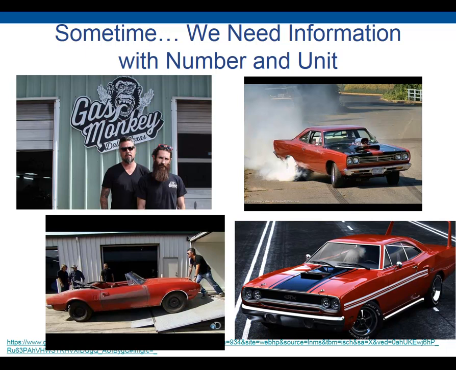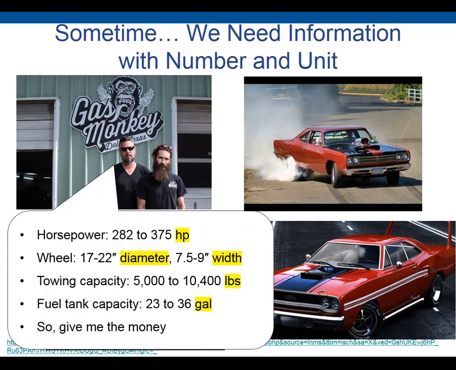If you listen very carefully, they always say a number and the units. For example, this Ford Mustang has a 280 to 375 horsepower range, and 17 to 22 inch diameter wheels, things like that.